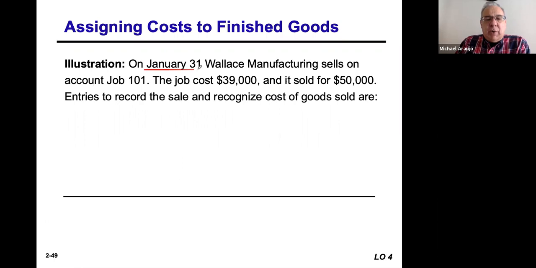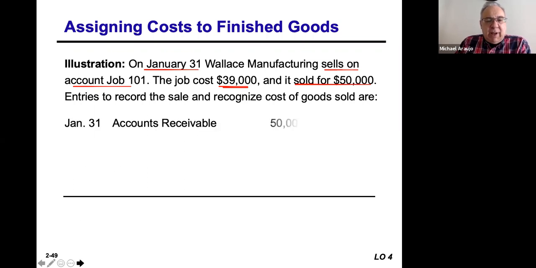So also on the 31st of January, they actually sold their job 101. Remember, that job cost them $39,000 to do, but they actually sold it for 50 grand. Woohoo! So how does that look?